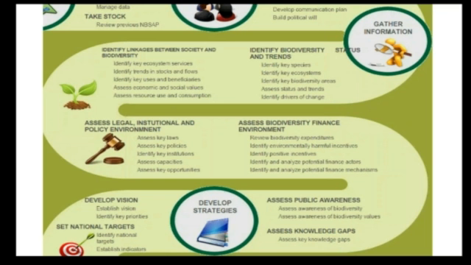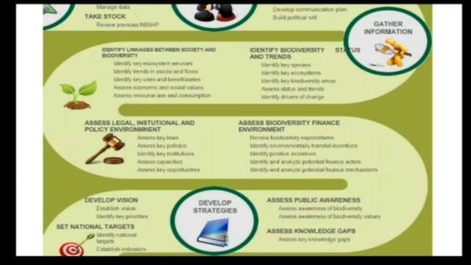And now the strategic plan for biodiversity is centered on the linkages between society and biodiversity, such as key ecosystem services and trends in their stocks and flows, who are the beneficiaries of those ecosystem services, what are the economic and social values of ecosystem services, and promoting sustainable resource use and consumption.